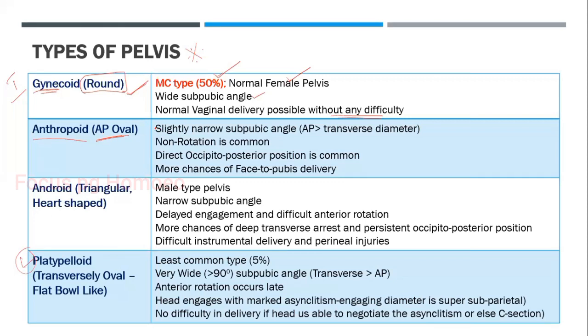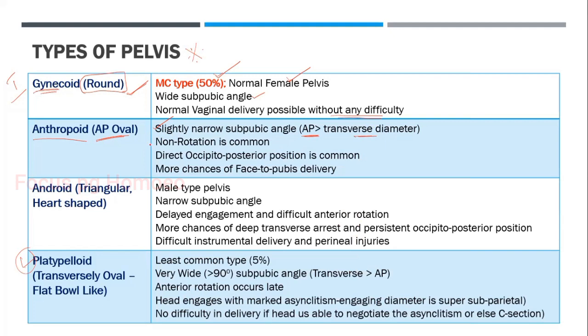Because there is a slightly narrow subpubic angle, first of all. And why the term antero-posterior oval? Because the antero-posterior diameter of this pelvis is more than the transverse diameter. There are two types of pelvis where it is vice versa. So a question can be asked: in which type of pelvis does the antero-posterior diameter measure more than the transverse diameter?